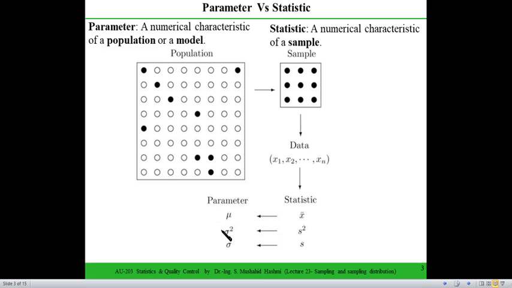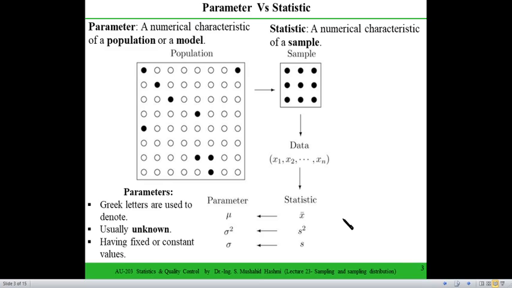In most cases, we use Greek letters to represent parameters, which represent the characteristic of a population. And English alphabets are usually used to represent the characteristic of a sample, or in short, we call it a statistic. So most of the time, we are not able to find out the characteristics of the whole population.